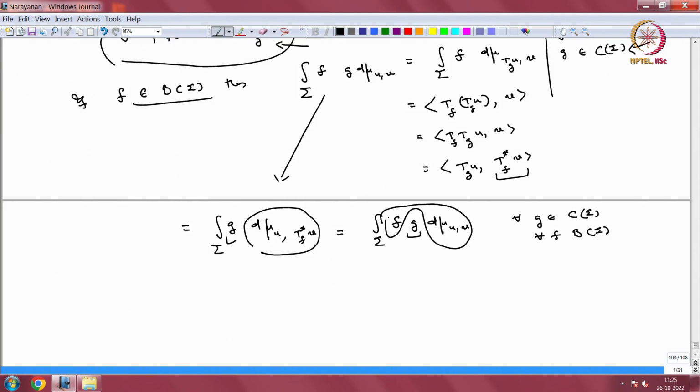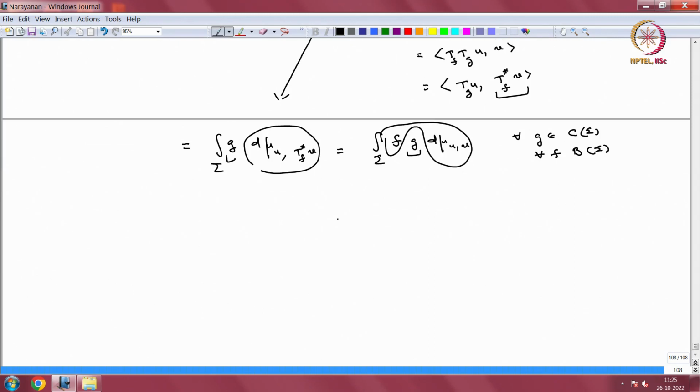Whatever is other than G, those two measures will have to be the same. So, let us write down that this implies d mu_{u, T_{f*} v} equals f times d mu_{u,v} for every f in B(sigma), right. Earlier we had this only for continuous functions, now we have it for all bounded functions.